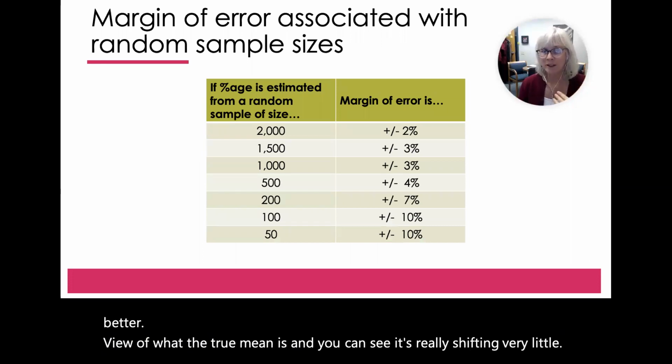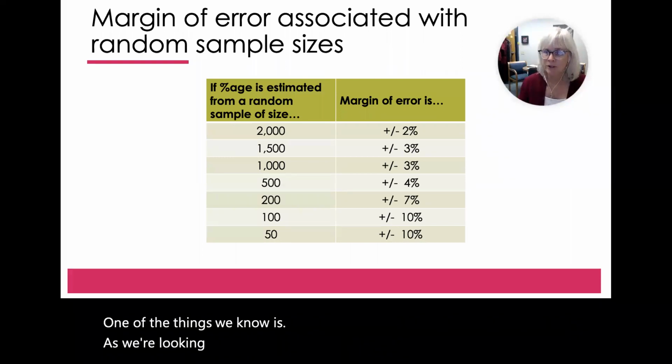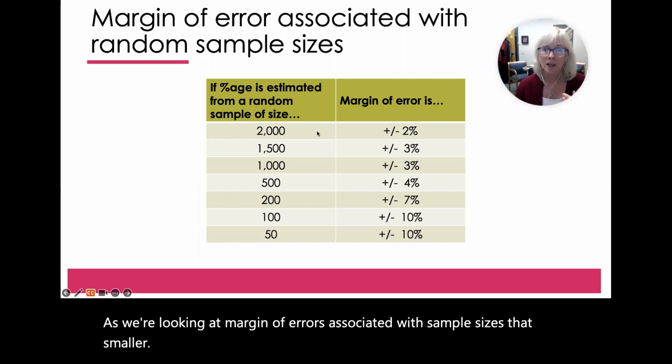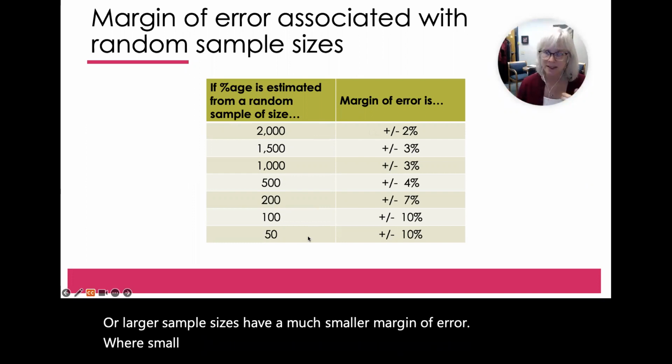One of the things we know, as we're looking at margins of error associated with sample sizes, is that larger sample sizes have a much smaller margin of error, where small sample sizes, a size of 50, has a very large margin of error.